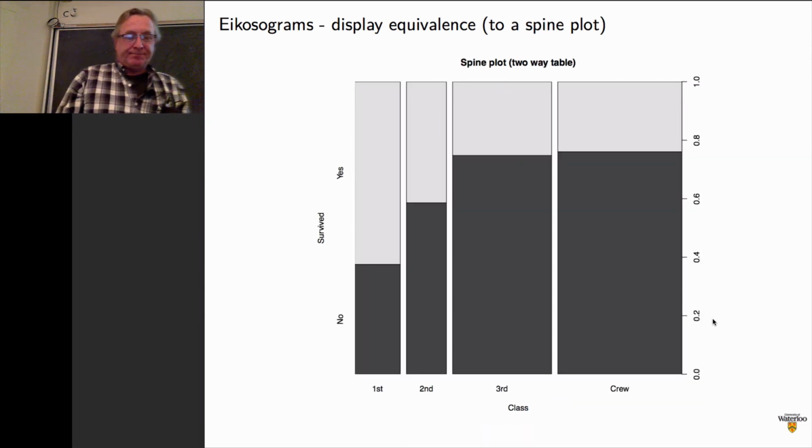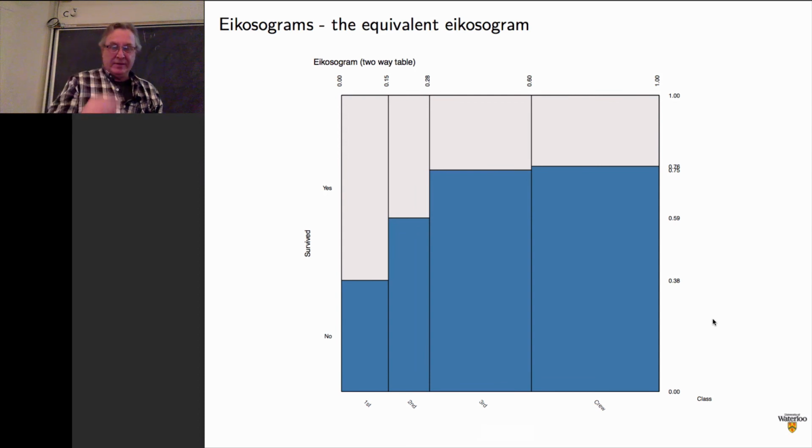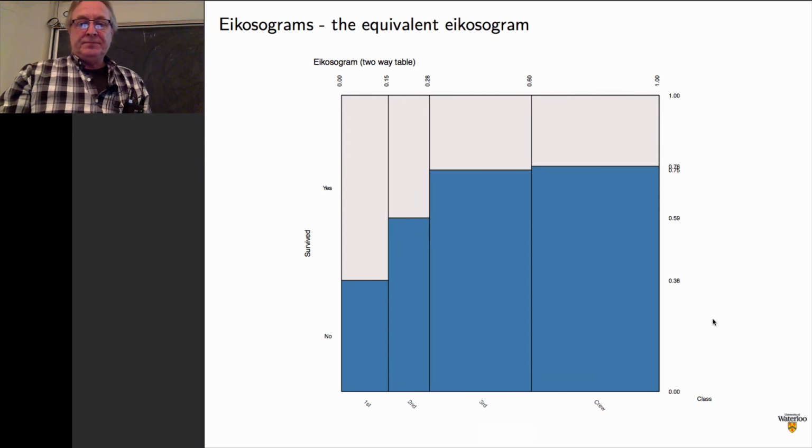Here's a spine plot. Same thing. Also equivalent to an Eikosogram when you've got two variates and both variates are categorical. Same thing. Equivalent to the Eikosogram.